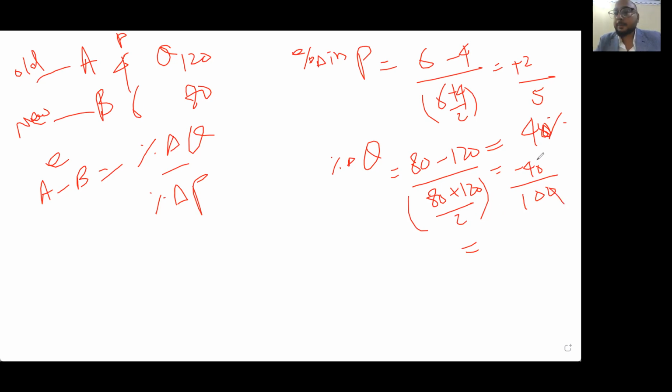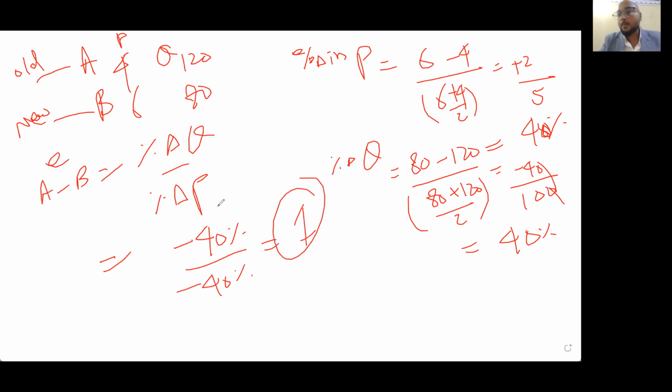It's going to be again 40%, right? So the percentage change in quantity is 40%, in price 40%. Answer is 1. Elasticity from A to B.